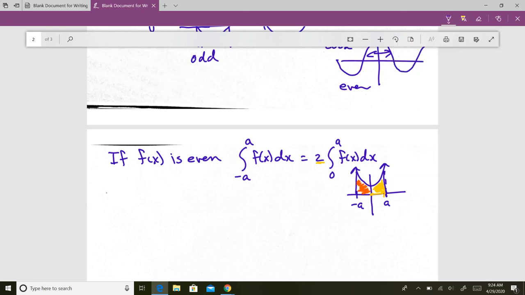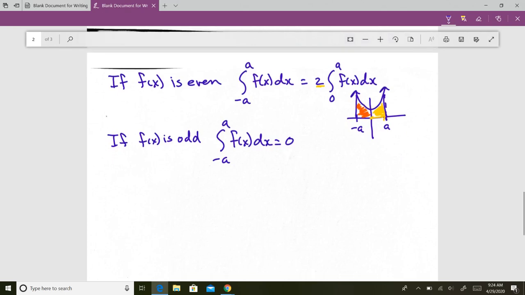Okay. If f of x is odd, the integral from negative a to a of f of x dx is equal to 0. And the reason that is, so let's use a cubic. We're actually able to use the sine graph. So this is y is equal to sine of x.